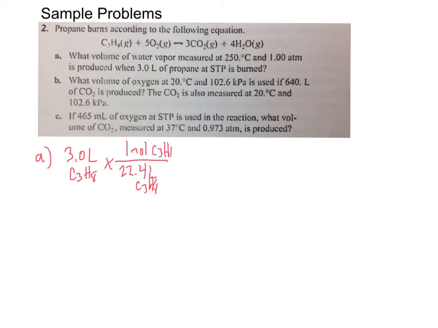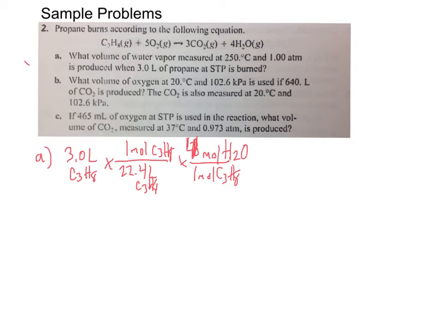You've got to use your mole ratio, of course, going through that mole island. For 1 mole of C3H8, there are 4 moles of H2O. Sorry, it is 4 to 1, not 3.